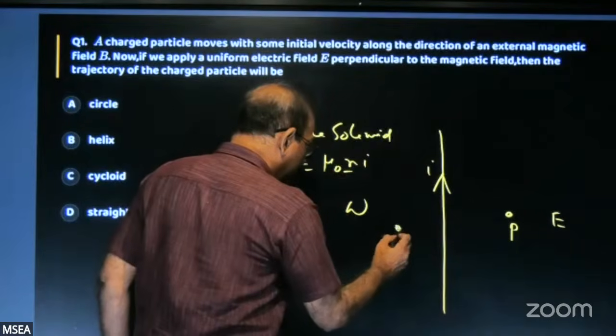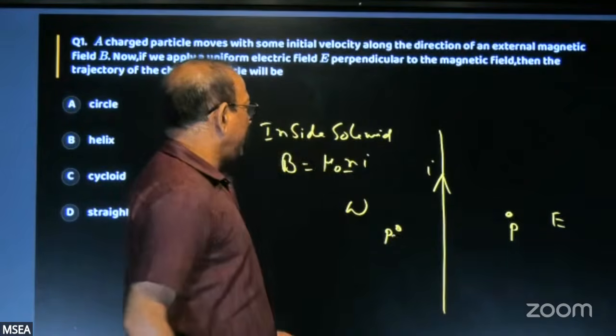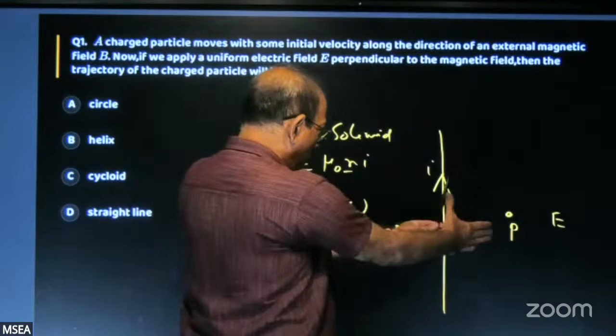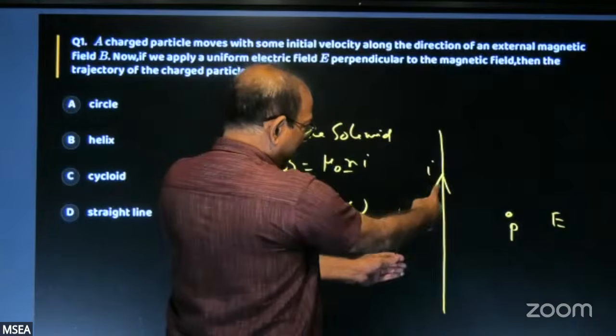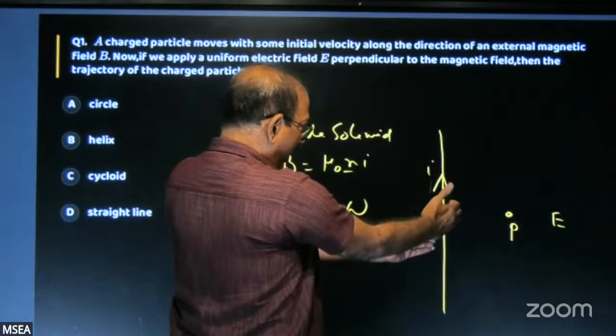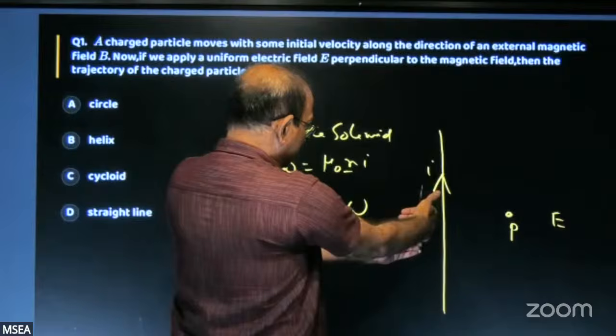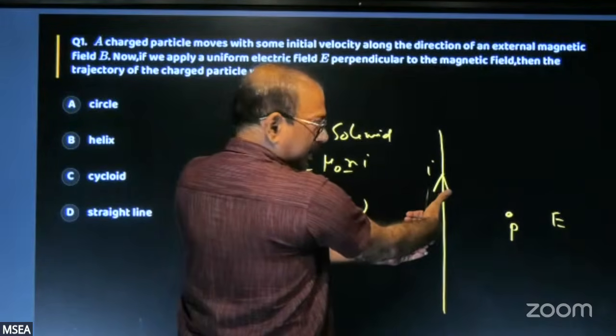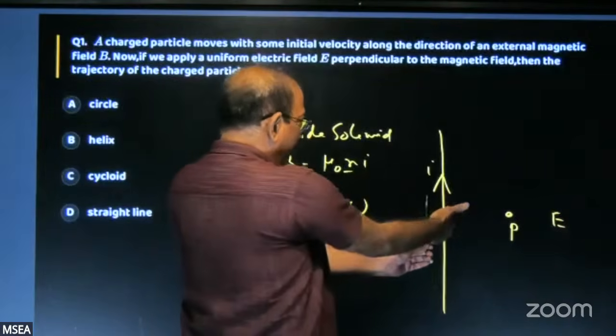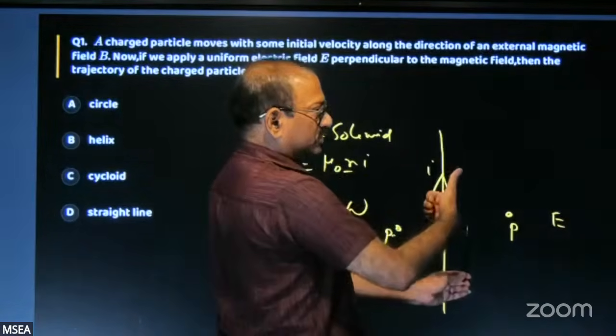Suppose the point is given here. Here, what is the direction of magnetic induction? Hold the wire in the right hand, thumb upward, current upward, and try to hold it like this. Now the remaining four fingers curling around this, near this point, they are coming out like this.